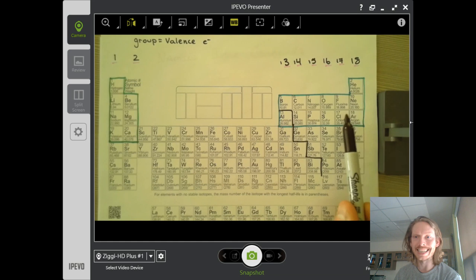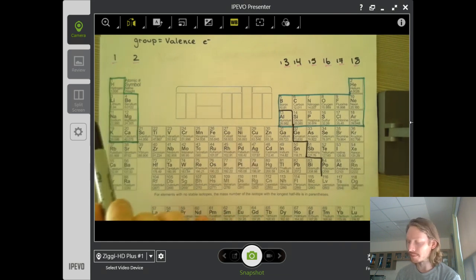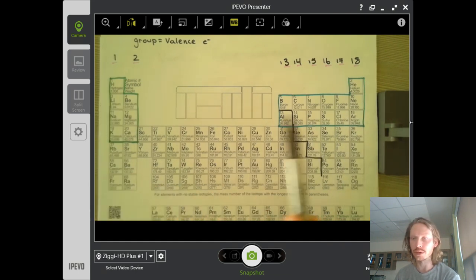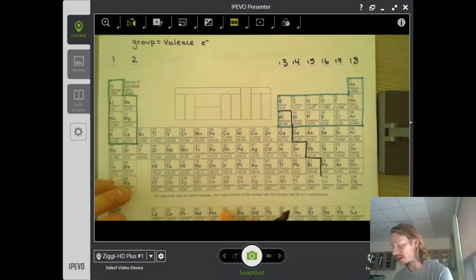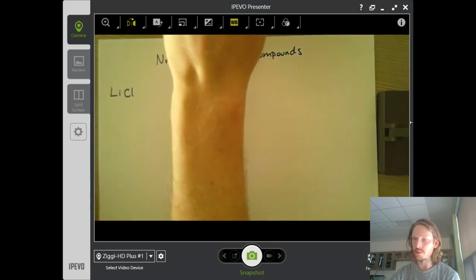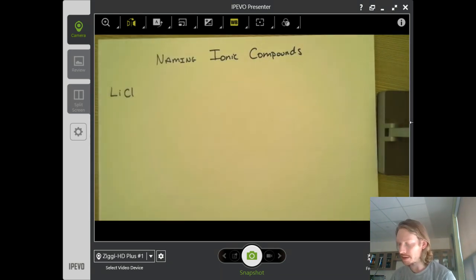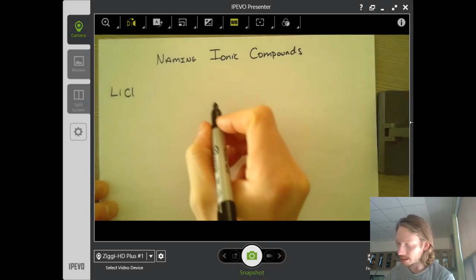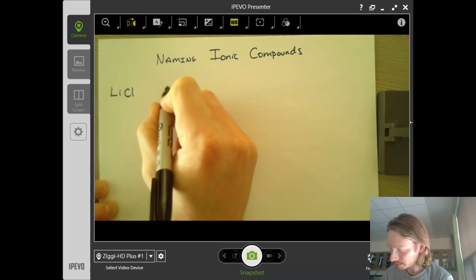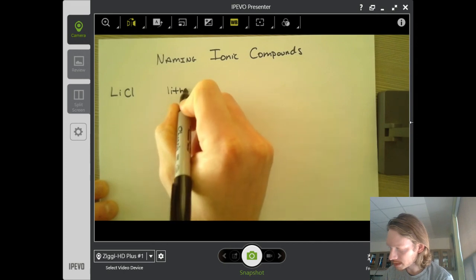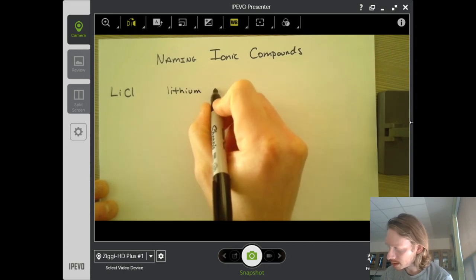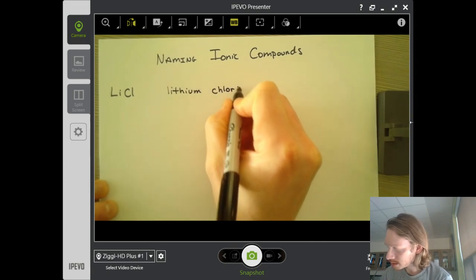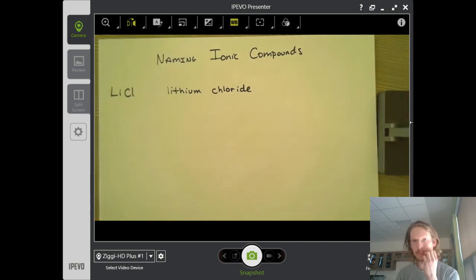So this is a nice pair where lithium's trying to give one up and chlorine's trying to get one. You'll see that I wrote this as 1-to-1, and we'll get more into the building in a bit. So we have lithium and chlorine, and how I'm going to write this is lithium chloride.